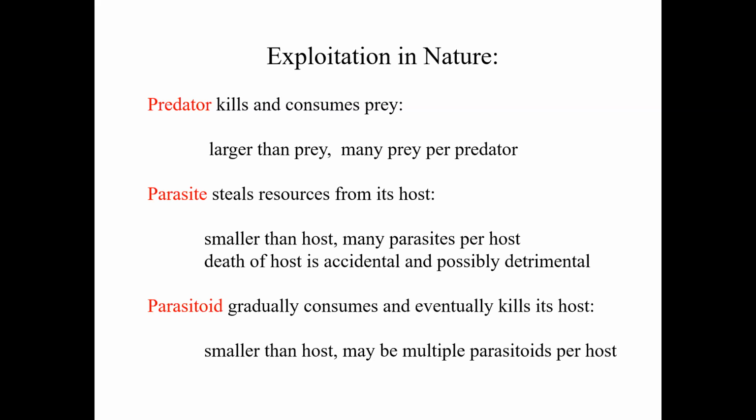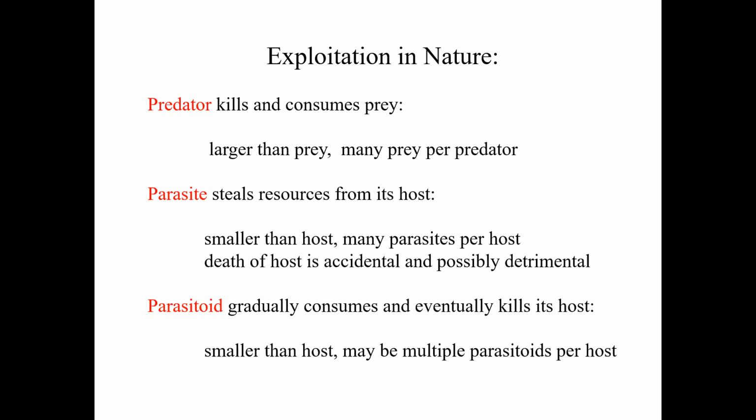Now, why do I call it exploitation? That's probably the first thing to ask. I call it exploitation because it covers not simply predation, which is how it's usually referred to, but several other kinds of interactions. So in predation, you have a relatively large predator compared to the size of its prey. It must kill its prey and then consume the prey.